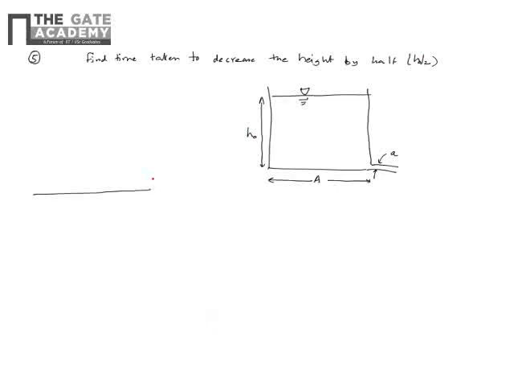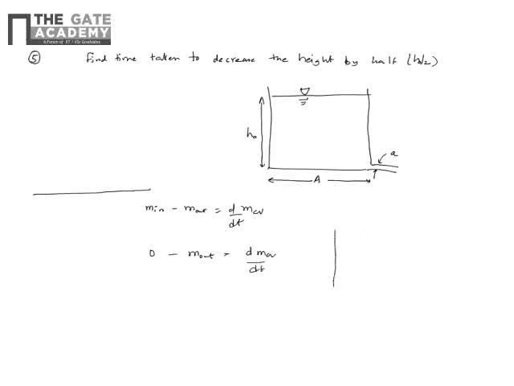Now this is not a straightforward problem. You can't just find out the velocity and say the volume flow rate is constant. There's no mass flow rate inlet, there's only outlet, and there is a decrease in the control volume mass.